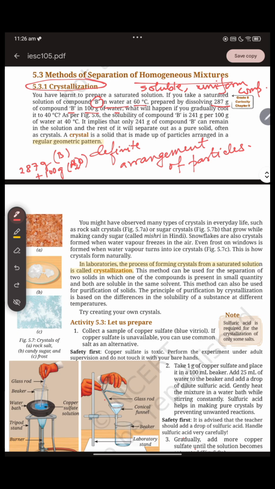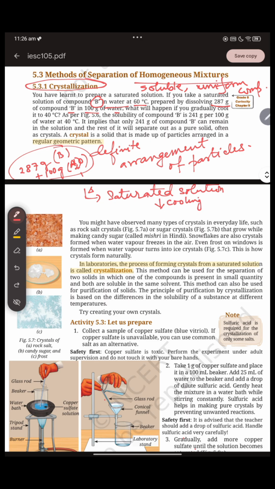Suppose you dissolve this and obtain a saturated solution, that means no more of it can be dissolved. If you prepare a saturated solution and then you heat it and try to dissolve as much as you can, after that you are cooling it.